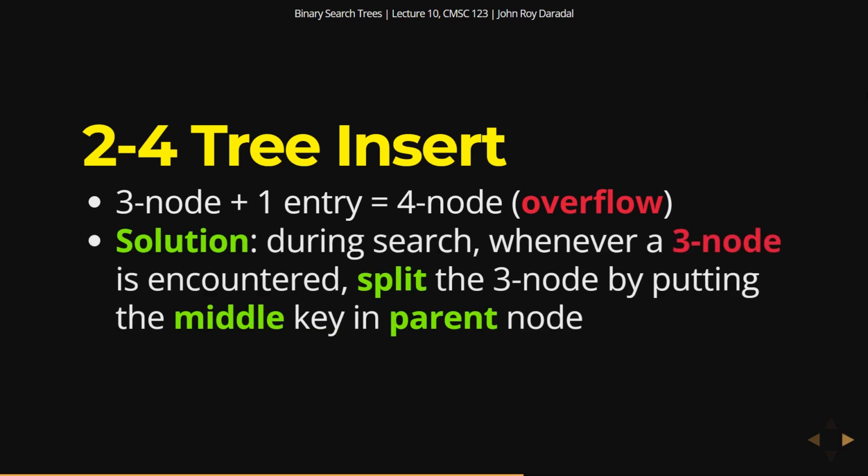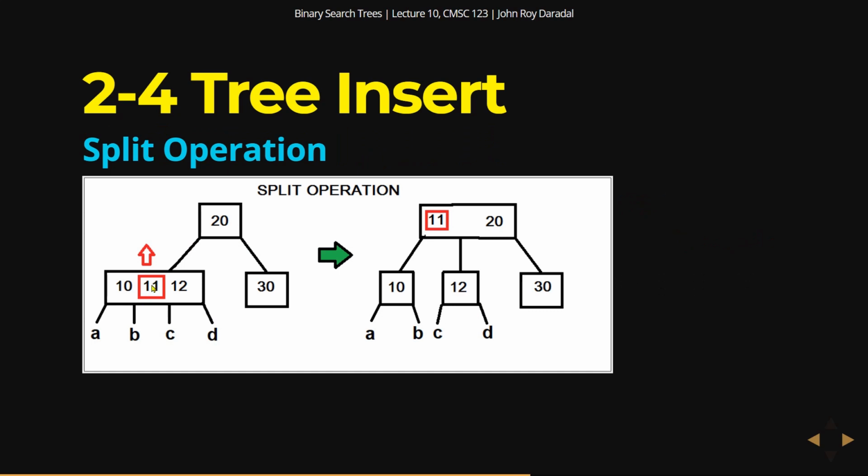So the solution is, during the search process, whenever you encounter a 3 node, even if it's not yet the leaf that you're looking for, you split the 3 node by putting the middle key in the parent node. We call this the split operation. So how does that look? Here you encounter a 3 node, right?